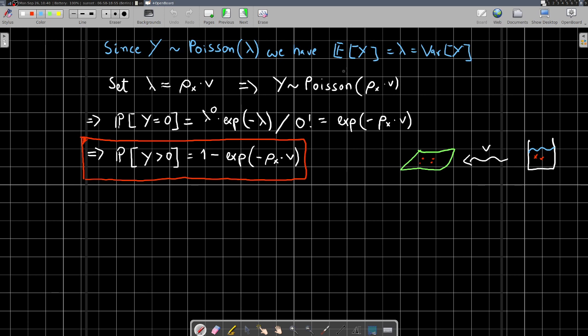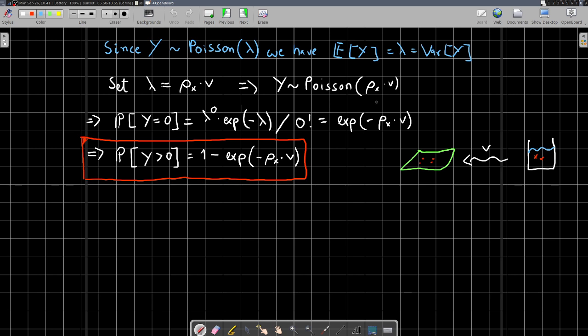Using our model assumption from before, we can now assume that this weight parameter is therefore rho x times v, and we have an expression for our Poisson distribution depending on the value that we want to estimate, the original concentration rho 0 that is somewhere hidden inside.